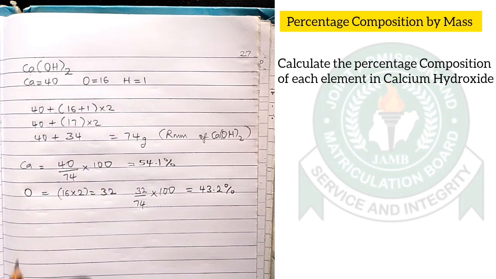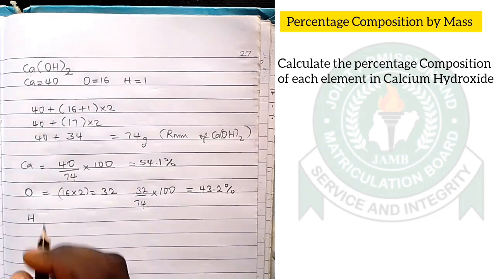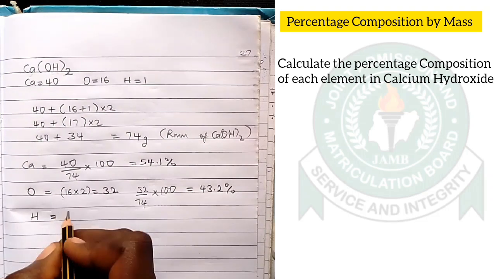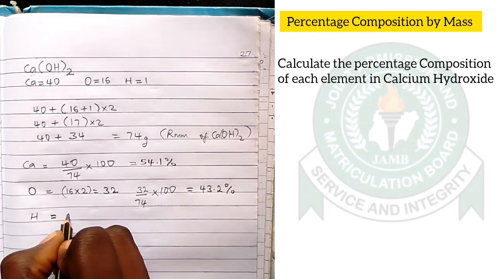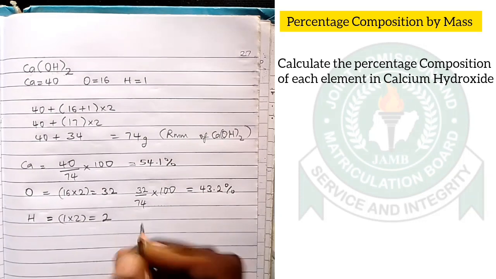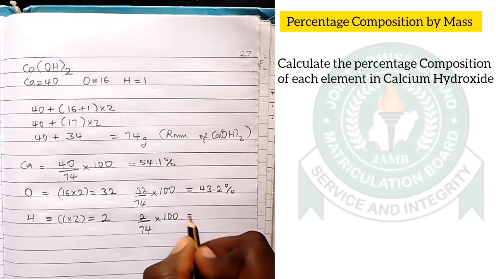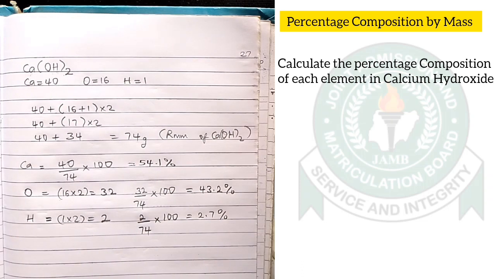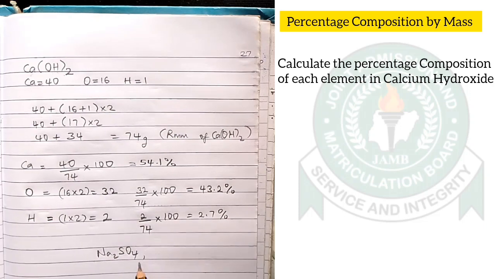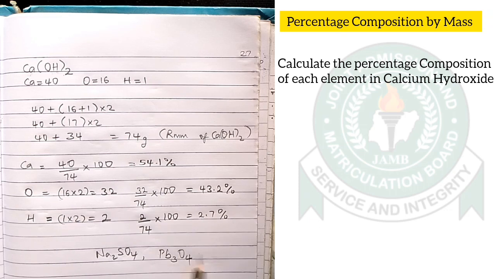Then hydrogen also has 2 atoms, which is 1 times 2, which will give us the total mass as 2. So 2 over 74 multiplied by 100 will give you the percentage of hydrogen in this compound. You can also try it for compounds that I'm writing down. Just calculate the percentage composition by mass of each element.